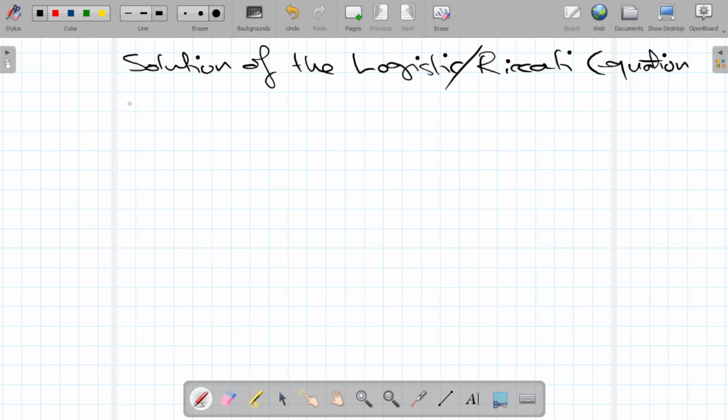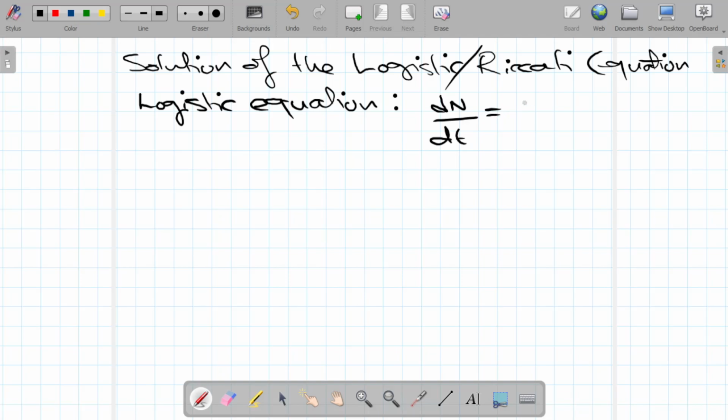So the logistic equation, and I'll just write this down, is usually written as dn by dt, which is equal to, I think this is some kind of reproduction rate, growth rate.